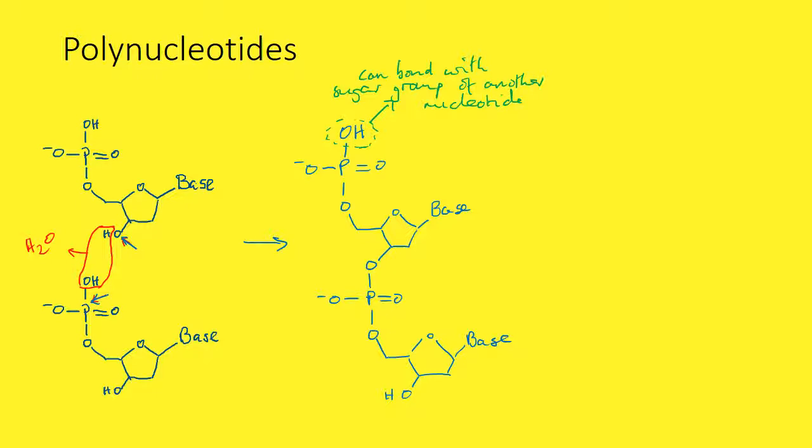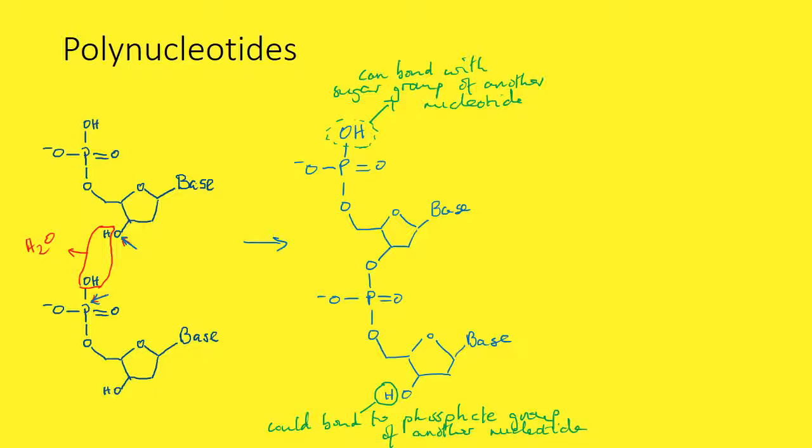And in the same way, if we go down to the bottom, this hydrogen here, that could bond to the phosphate group of another nucleotide, again, just as we've done on the left, like so.